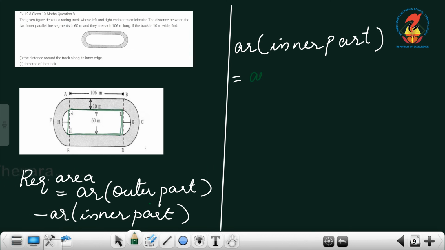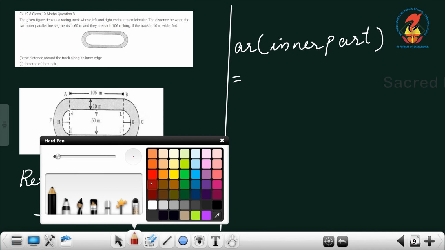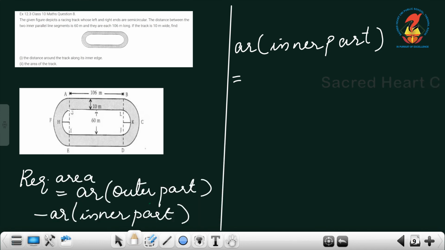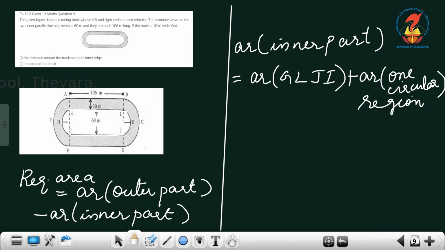So the area of rectangle GLJI plus area of two semicircular regions, which means area of one circular region.